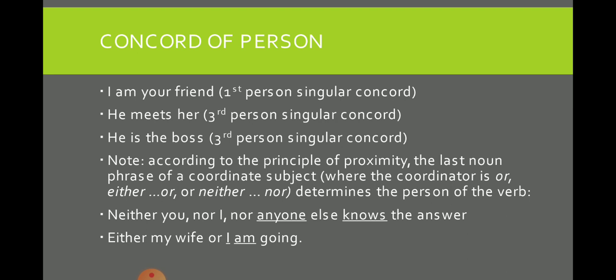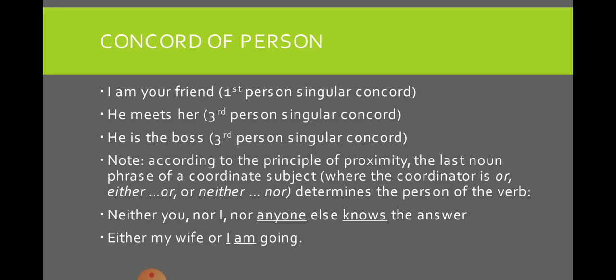Let's take this example. Neither you nor I nor anyone else knows the answer. Here, since the verb is preceded by the indefinite expression anyone, we used a third person form for the verb.